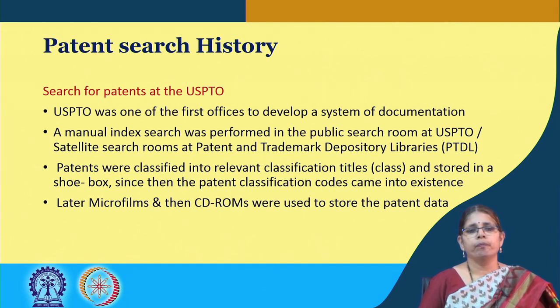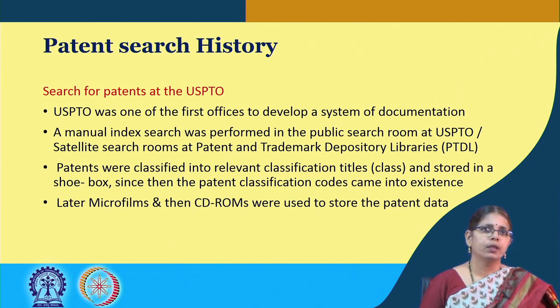In fact, the USPTO was one of the very first offices to develop the electronic or the online mode of documentation. Of course, there are also search rooms that are part of what we call the patent and trademark depository libraries that are available at the USPTO, which can be searched for patents.